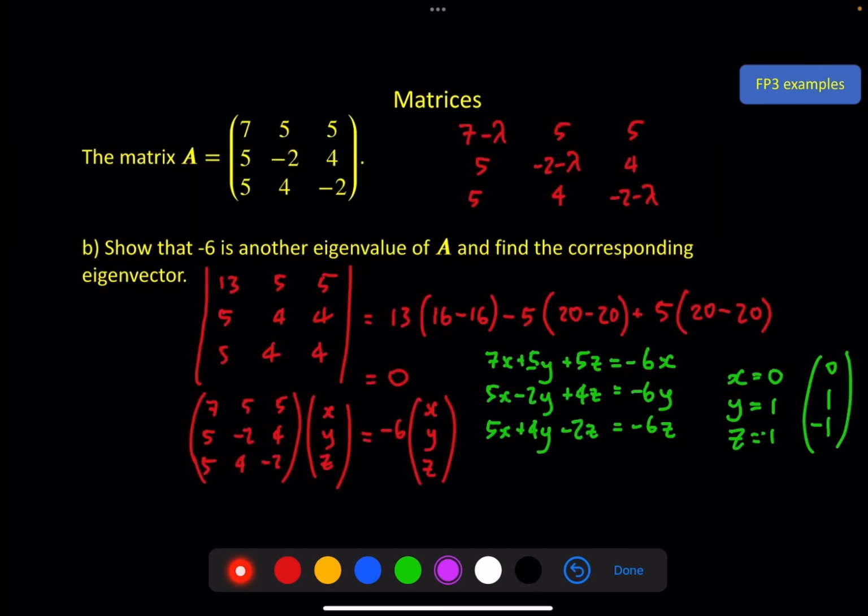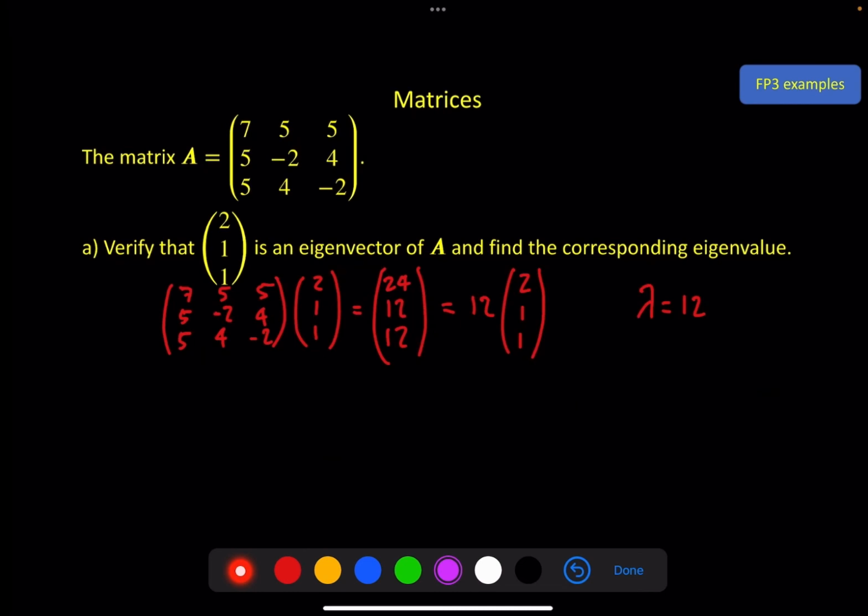And then the third one, back on the first screen here, the eigenvalue was 12 and the eigenvector was 2, 1, 1. So we've got 2 squared, 4, 5, 6. Square root of 6 is what we need to divide this by to get the normalized eigenvector.